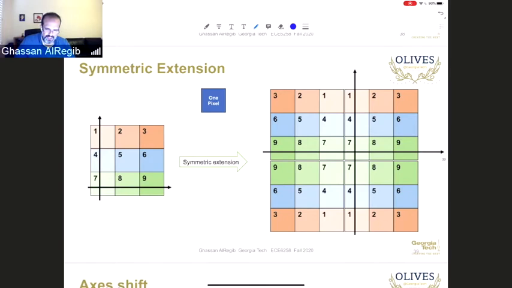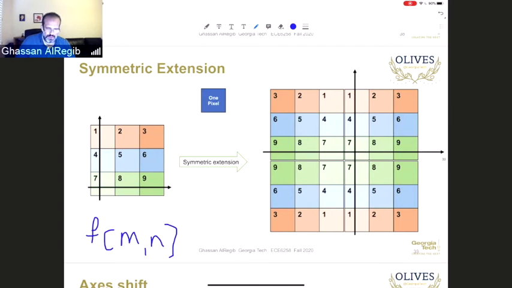So the first thing is, this is my f of m and n, a 3x3 image or signal. Each pixel is labeled with a color and a number, not numbered values, just labels.